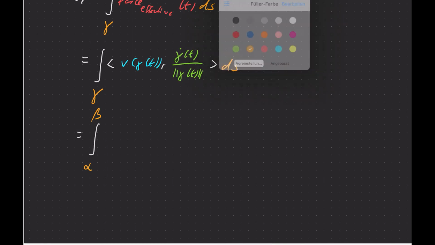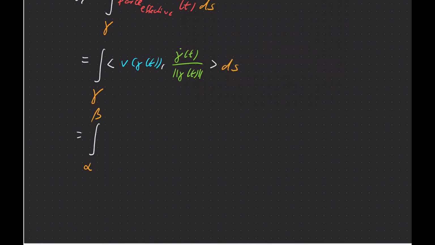And again, we integrate this scalar product expression here. So V of gamma of t, scalar product with gamma dot of t, and we're taking out the scalar, this 1 over the norm of gamma dot. By the way, there's a dot missing here.